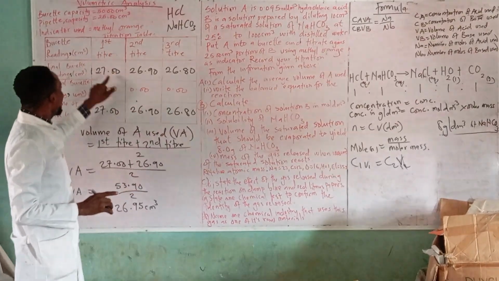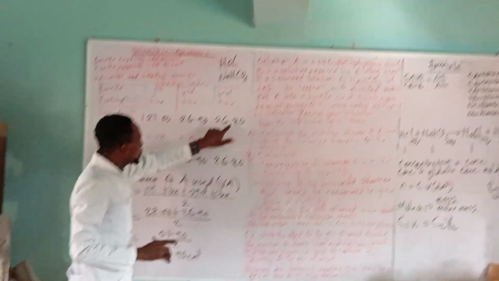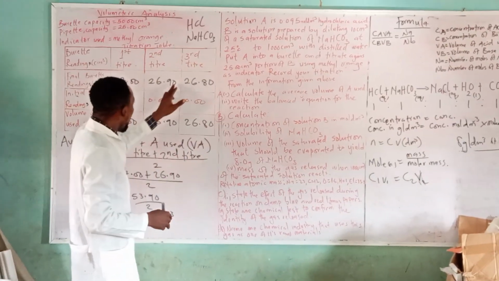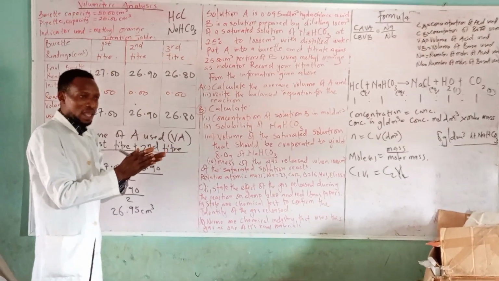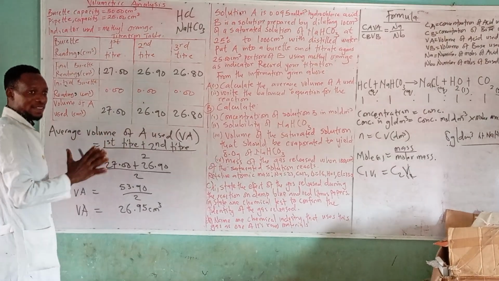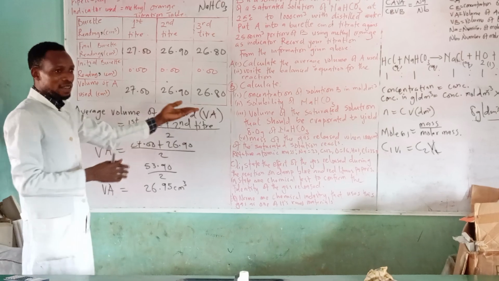Only what you can get is 27.00, 26.90, 26.80, or 0.70, 60, 40. So for all this, the second decimal should be in the 0 place. Now, if I want to pick the two best readings here, I will look for the most concordant readings from my 3 readings here.